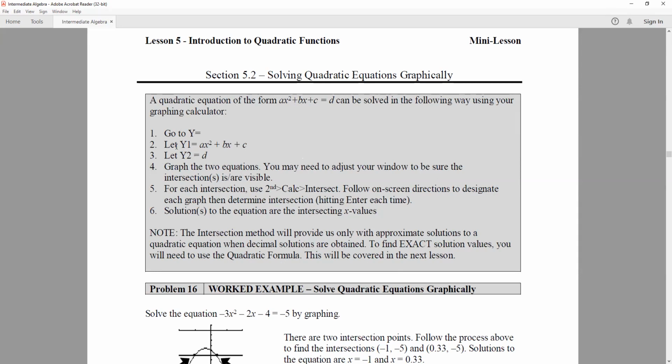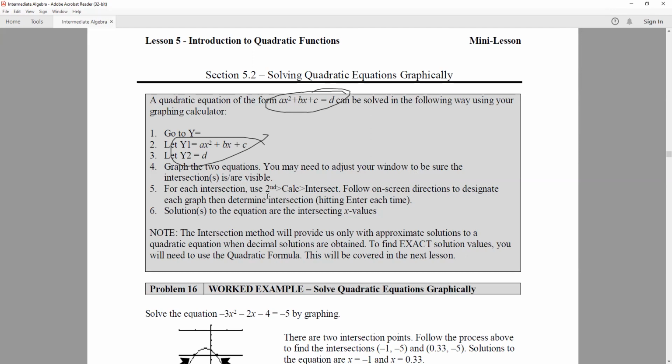So you go to y equals, you put in whatever you have for d, and you put y2 to be equal to d. Then you graph the 2 equations. When you go to graph, it should give that to you. Adjust the window if it's possible.